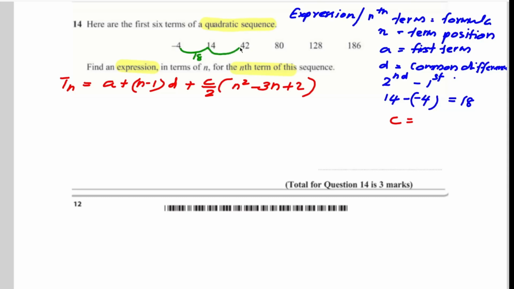Here, the common difference again, 42 minus 14, it is 28. 80 minus 42, it is 38. 128 minus 80, it is 48.